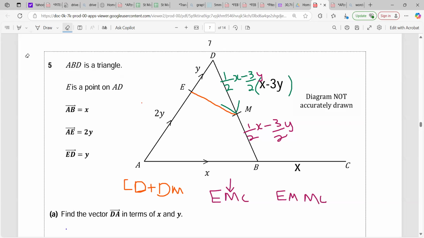So from E to D and then from D to M. That would give us EM, right?